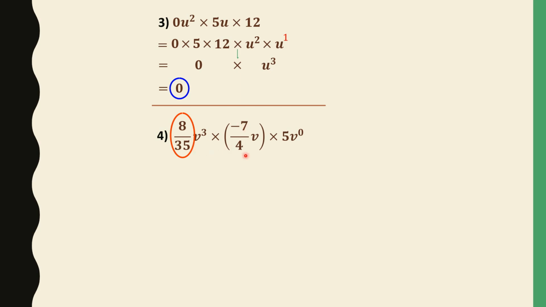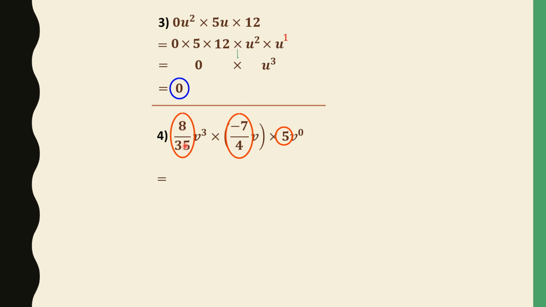Negative 7 over 4 is the coefficient of the second monomial. And 5 is the coefficient of the third monomial. So here, when you gather the coefficients, of course, if you have a negative sign, you also take it, it's part of the coefficient. So be careful, we don't write the coefficient without the sign.